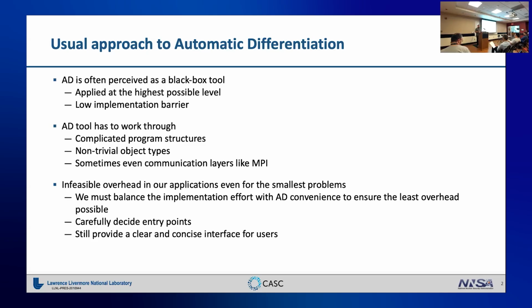And we still have to provide a clear and concise interface for users, because no library is worth existing without users, right? So the last fact is that GPUs usually make things worse. I wrote 100 times with an underestimated guess.